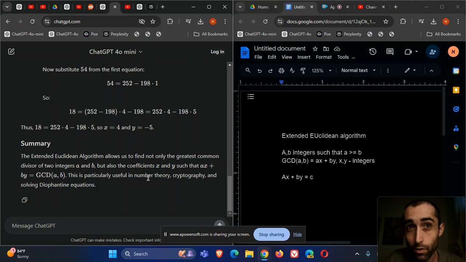For example, greatest common divisor we can see in... I don't want to be not right.